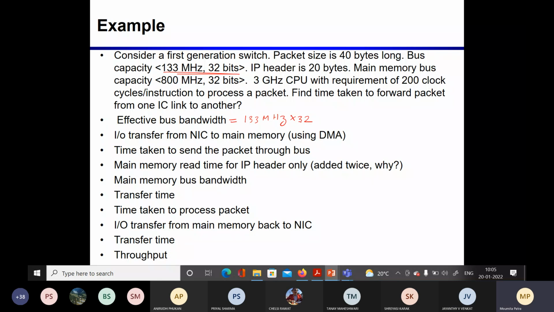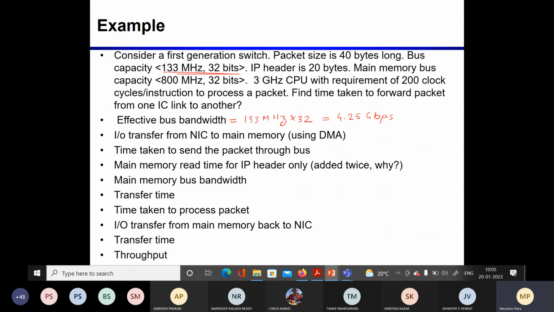How much was this? Somebody said last time. 4.256 gigahertz. Gigahertz, no? GBps, no? Yes, ma'am, GBps.